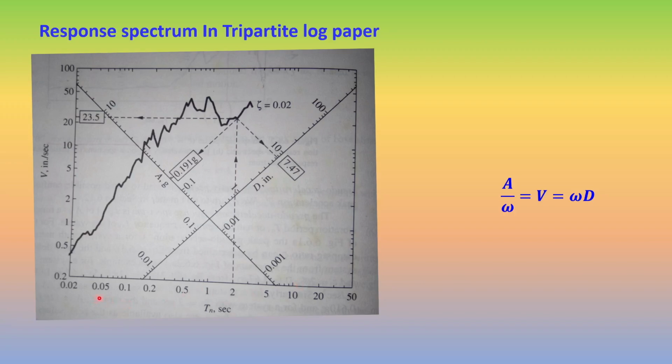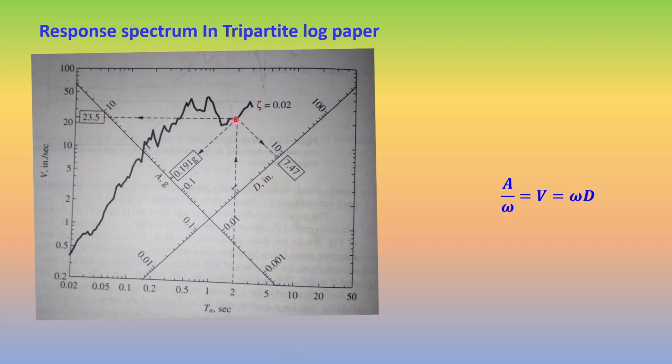Now how to read this tripartite log paper? Consider any time period, say 2 seconds, and go to this tripartite response spectrum diagram. You reach here from the time period 2 seconds. The axis inclined at 45 degrees with the x-axis is the displacement axis d, and the axis inclined at 135 degrees with the x-axis is the acceleration axis.